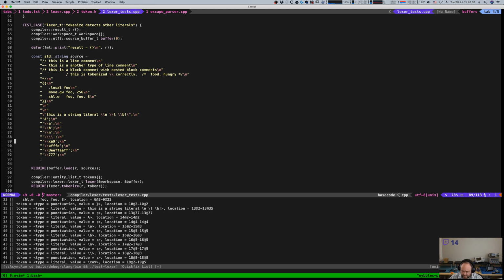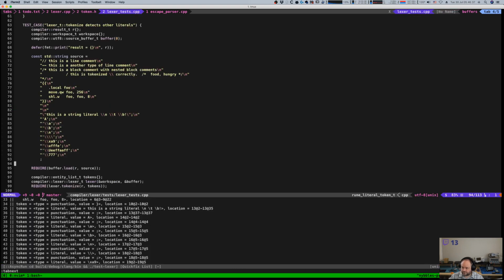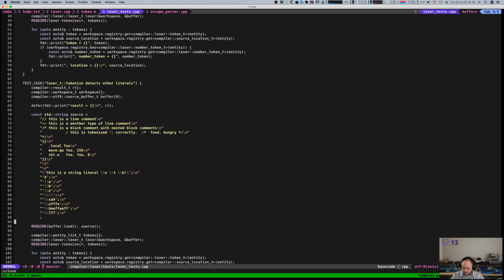This is an ASCII byte in hex. This is a code point. This is a 16-bit Unicode code point. This is a 32-bit Unicode code point. And then this is an octal ASCII value. And so the lexer is roughly enforcing that structural expectation. So that's good. That's what we want.